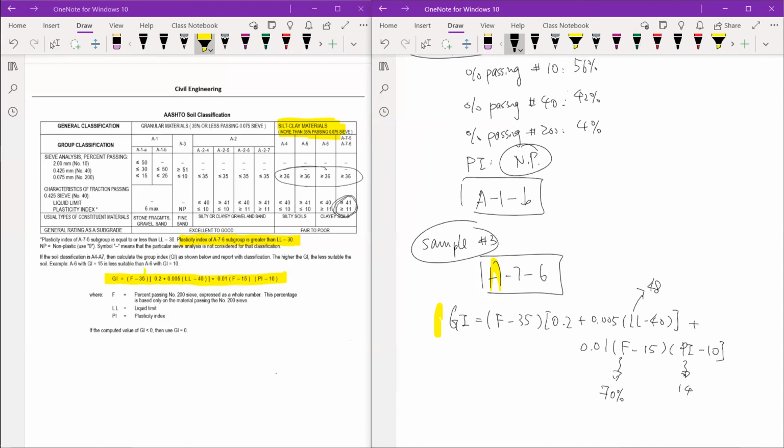If we put down all this information, our GI value for this soil is 21.6.